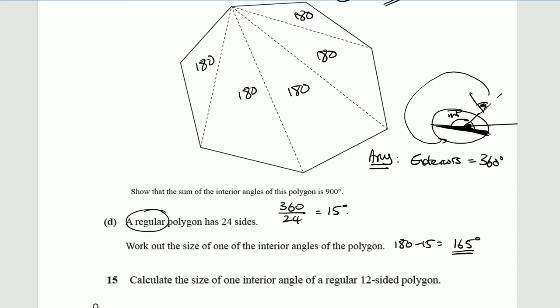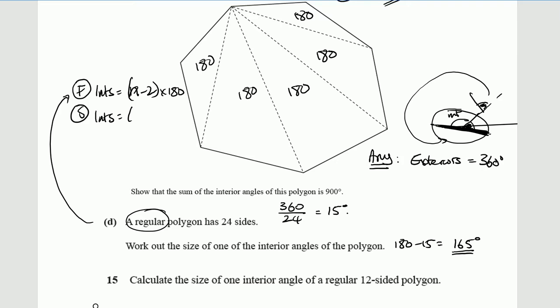Now there is another way of doing this question. I can work out the total of the interior angles using that same formula I used before. So the sum of the interior angles is equal to n minus 2 times 180. Substituting in, the sum of the interior angles in this case is 24 minus 2 times 180.